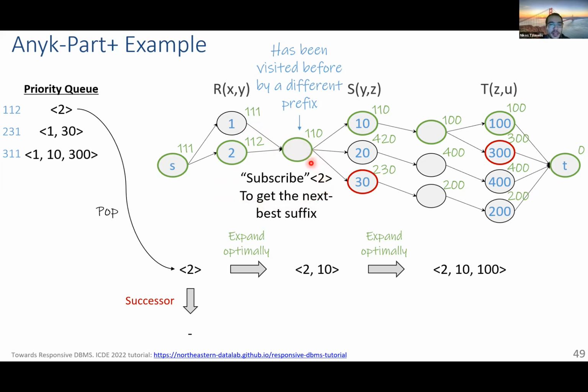Now, what do I mean by subscribe? There is an intricate detail here, which is that the next best suffix hasn't been computed yet, but we know it will be computed before we need it. So essentially, we subscribe the prefix 2 to this node, and the prefix waits until the suffix becomes ready.